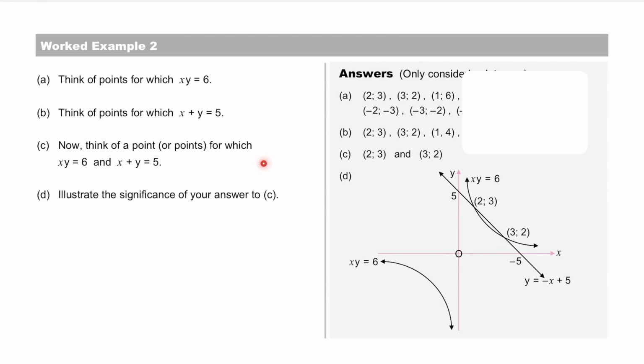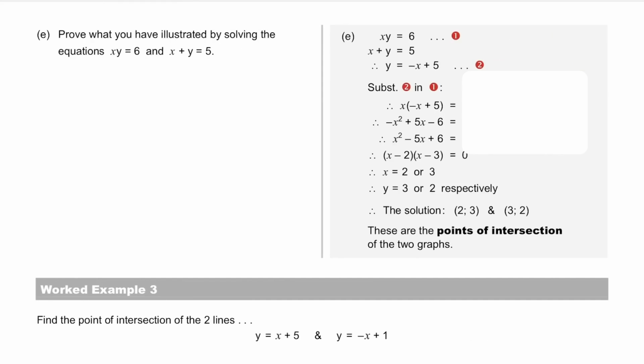In other words, the product of x and y will be 6, as well as the sum of x and y being 5. Were you able to illustrate your findings graphically? And now, algebraically, could you confirm your results by solving the two equations simultaneously?